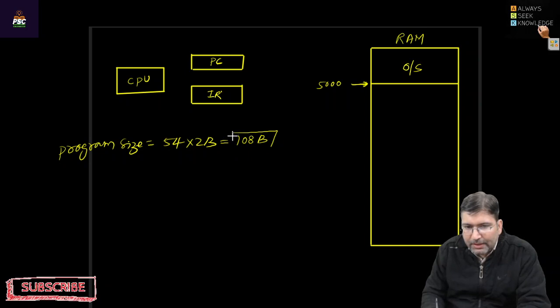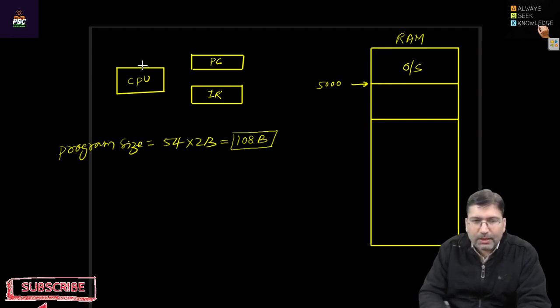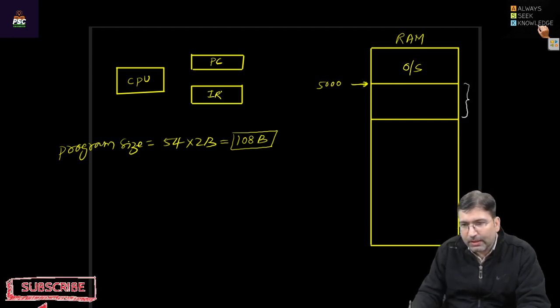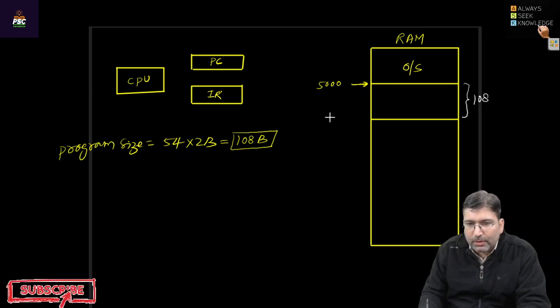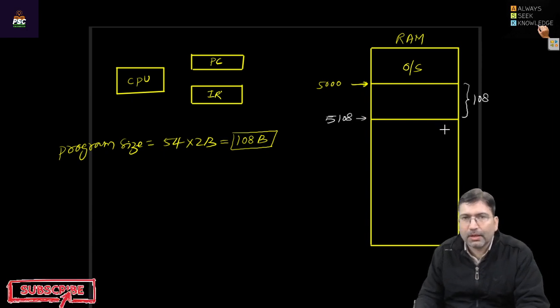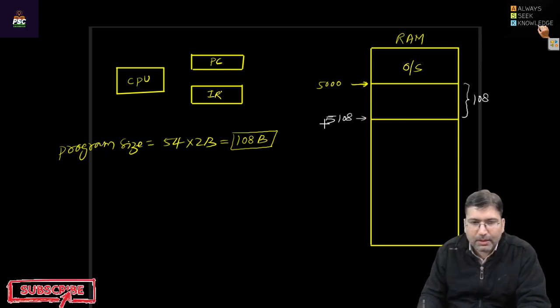So at least 108 bytes will be required inside the memory. Let's say the text we are loading from this place to this place, and this portion is 108 bytes in length, and because it started from 5000, it will become 5108, this address, right? I hope this is easy to understand.